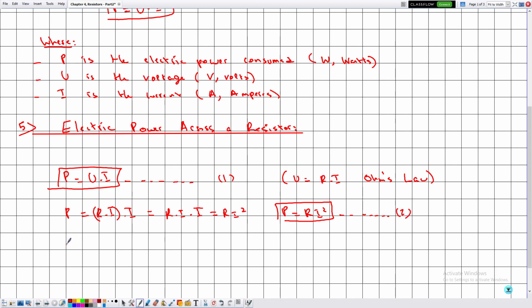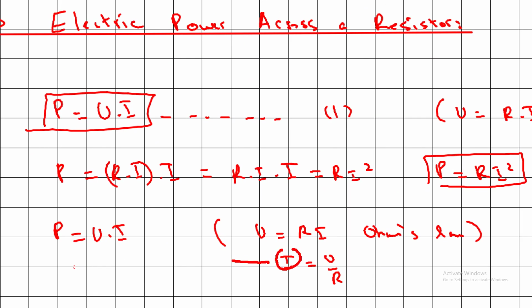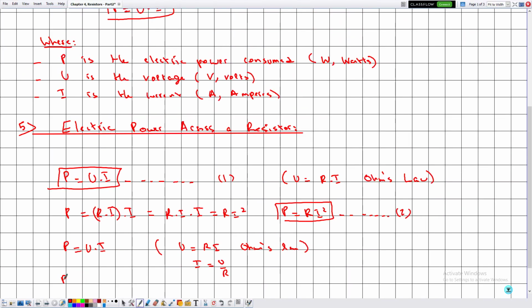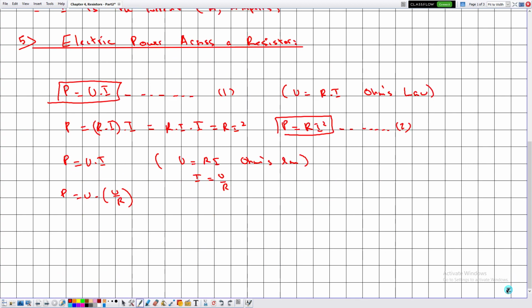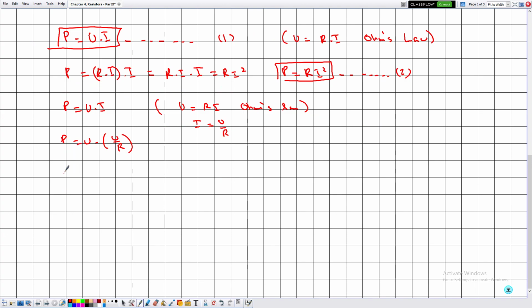Now starting back again from P is equal to U multiplied by I, and U is equal to R I, which is Ohm's law, which means that I is equal to U divided by R. Now replacing the expression of I here, we get that P is equal to U multiplied by U divided by R, which is equal to U squared divided by R. So in this case P is equal to U squared divided by R. And so let me make them more clear.